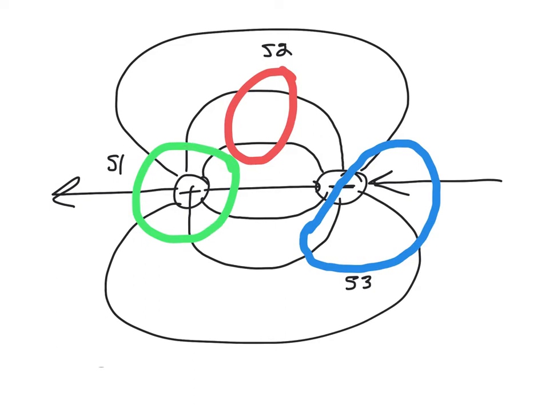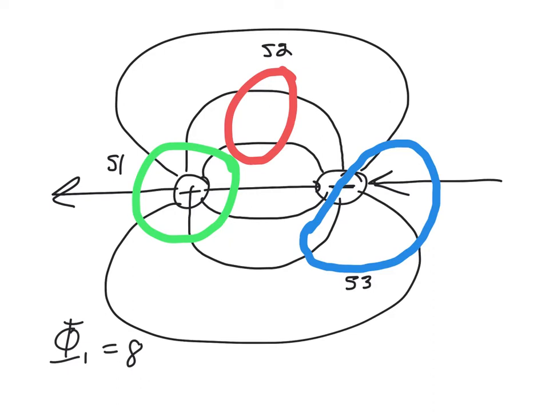I'm making a surface 2 here in red and another third surface in blue. And if you notice, surface 1 has 8 field lines going out and none going in. So 8 field lines, we could say it has a flux of 8. So the flux through surface 1, closed surface 1, is 8.